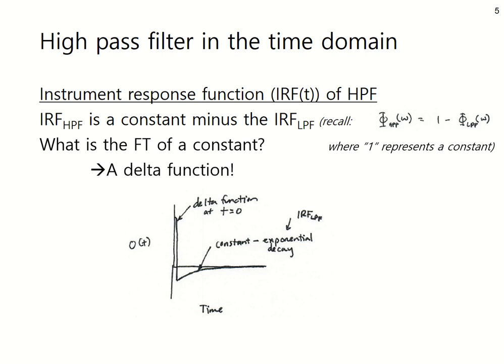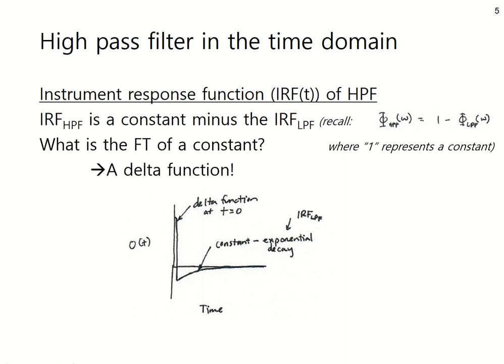So it's best to think about this instrument response function in time as convolving the signal of a delta function and an exponential decay. So you can think about the high pass filter in these two separate components. Short times are high frequencies, so that's why we see this high delta function component here.